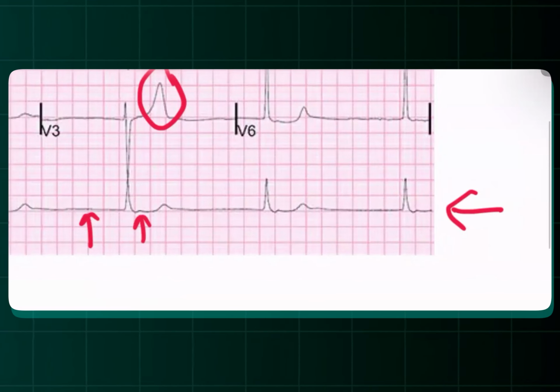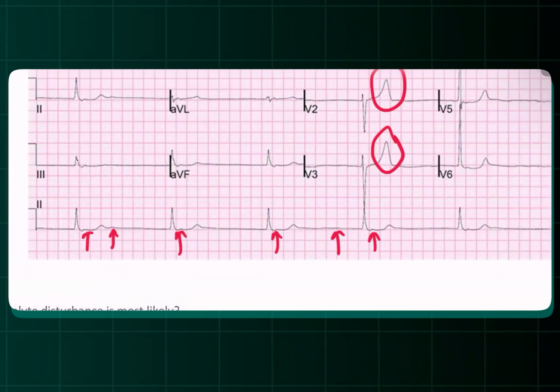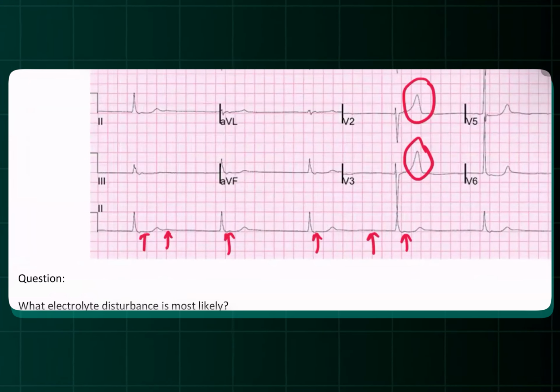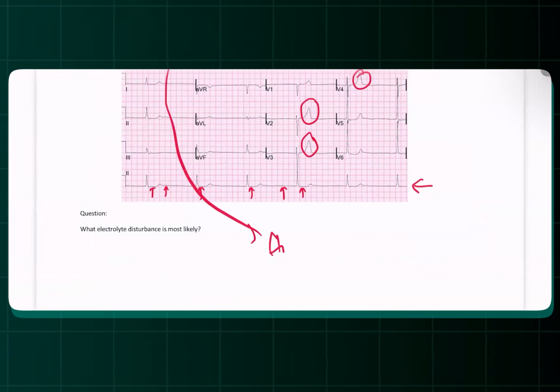So basically, this patient has a complete heart block and total AV dissociation. So this is important. This patient has complete heart block with AV dissociation. And yes, there are tall T waves. So you have rightly picked up acute kidney injury leading to hyperkalemia.